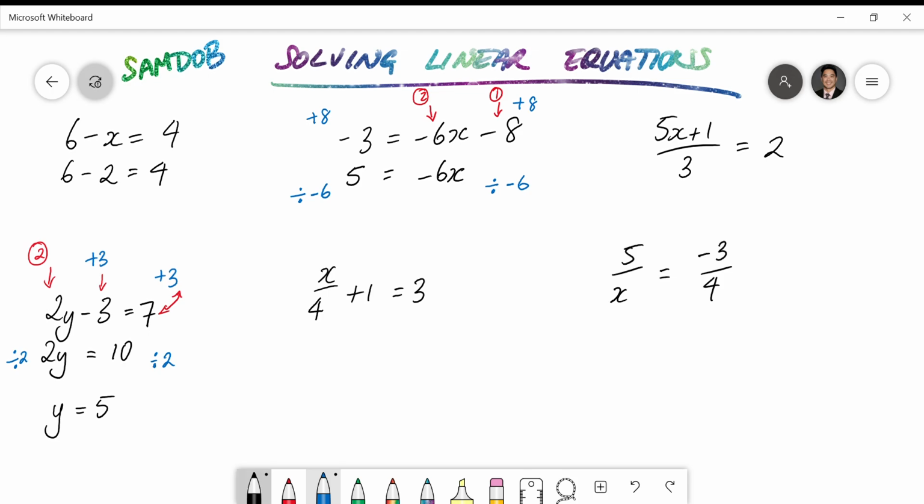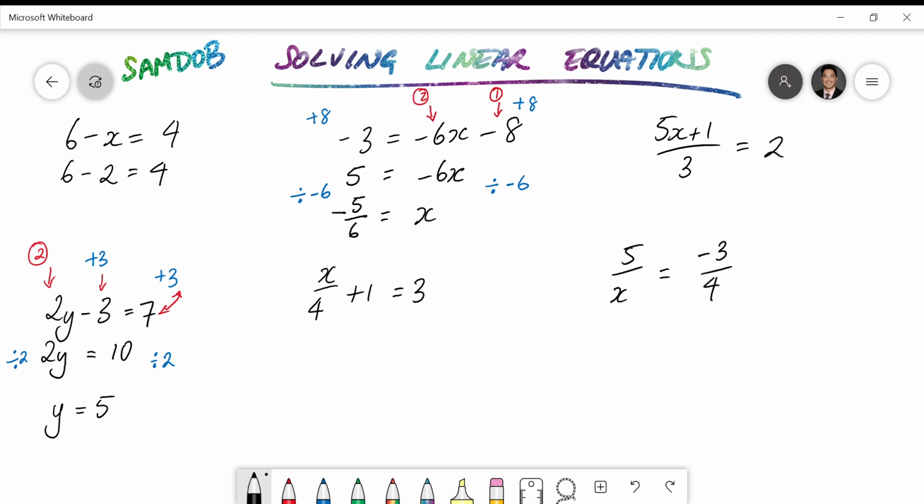Okay, so here we have x on its own, and 5 divided by minus 6 is simply minus 5 over 6. Okay, a positive number divided by a negative number gives you a negative value. So we have a negative fraction to end with.